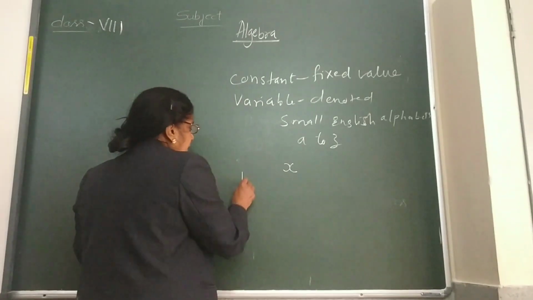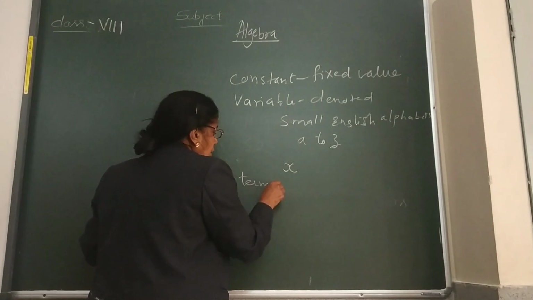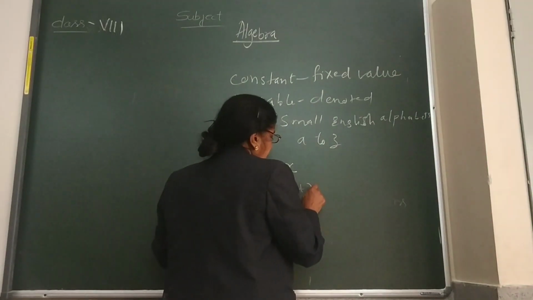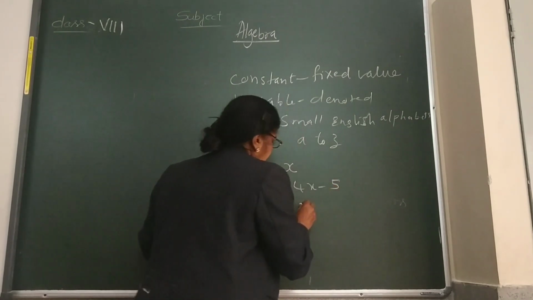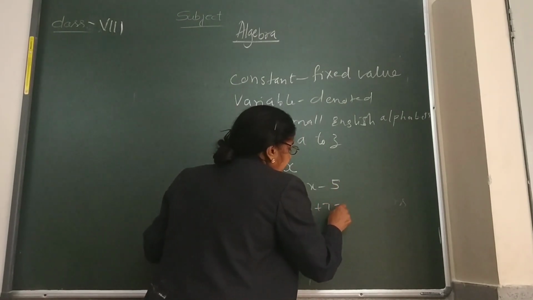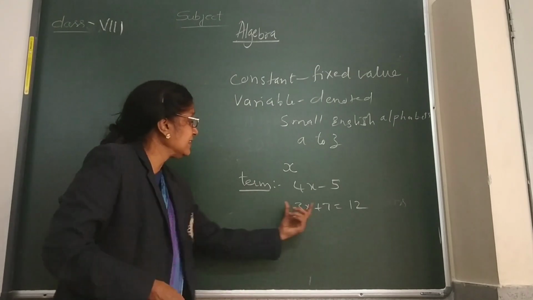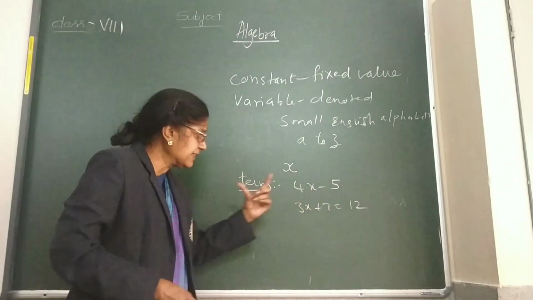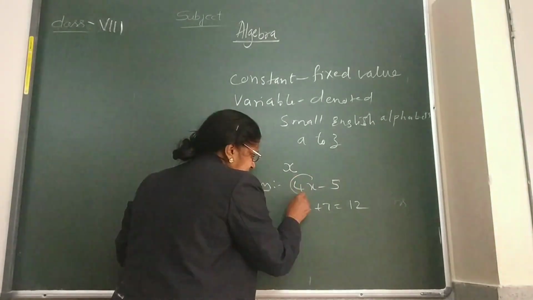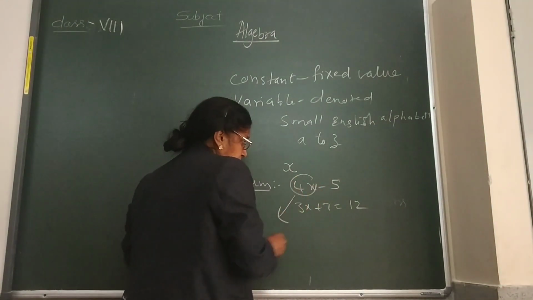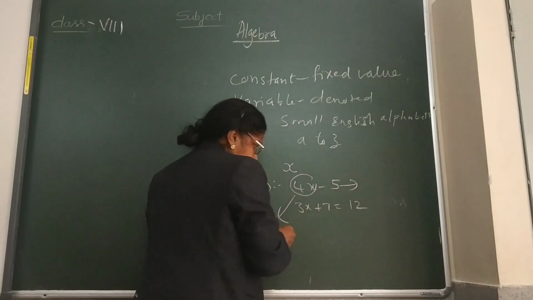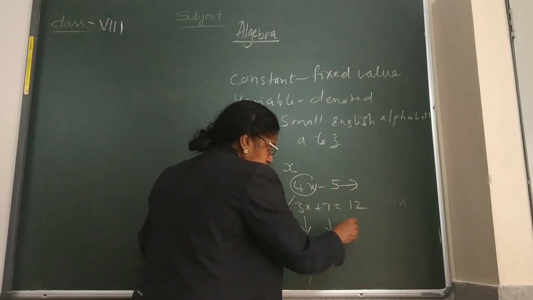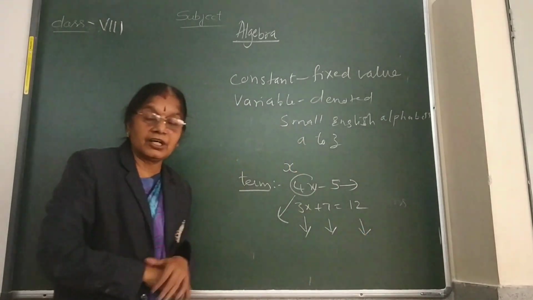Then you learned about term. What is meant by term? For example, if I write 4x minus 5, 3x plus 7 is equal to 12, this is an equation and these are called terms. I can say that 4x is a term, 5 is also a term, 3x is a term, 7 is a term and 12 is a term.